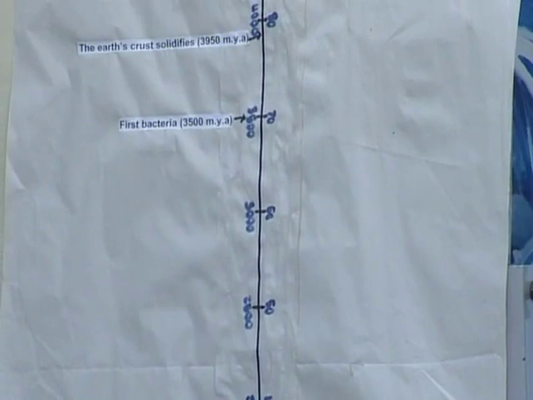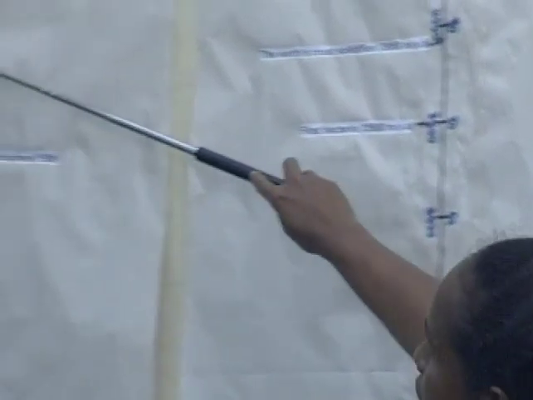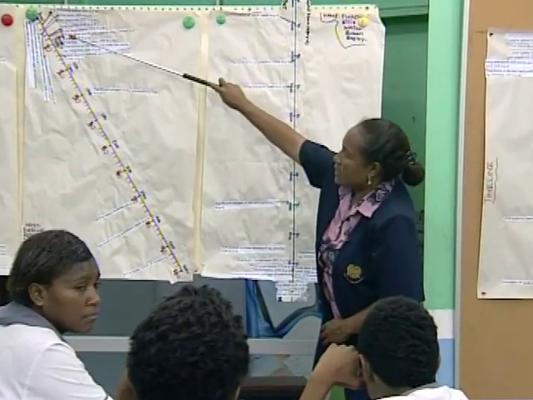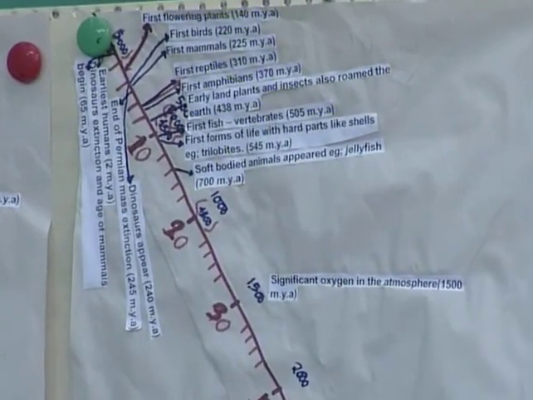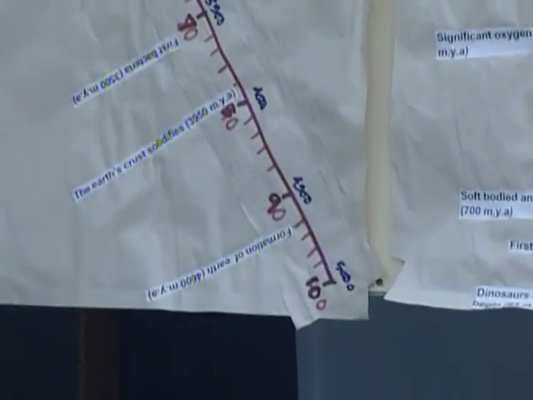Others started with 5,000, the past to present. So if you can see here, this group started from the present down to the past. Whereas this group here started from the past, formation of the earth, all the way down to present.